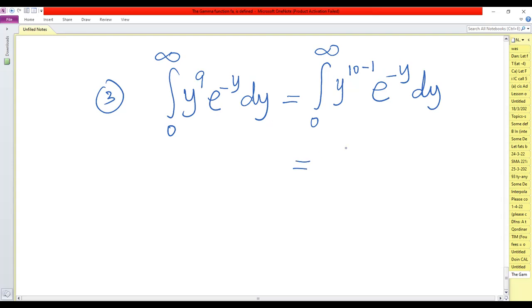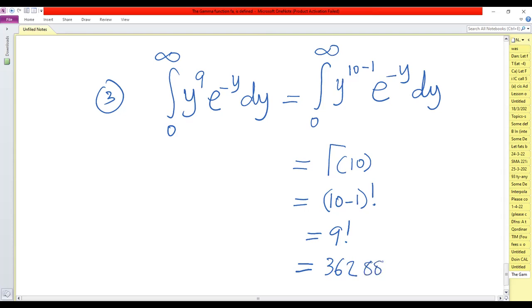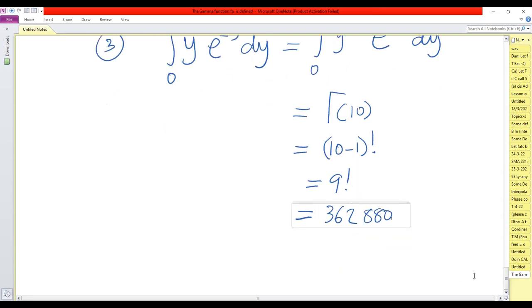So this is exactly the definition of gamma of 10, which is the same as 10 minus 1 factorial, which is the same as 9 factorial. And when you work out this one, 9 factorial is the same as 362,880. So that's the exact value of the improper integral given in 3.